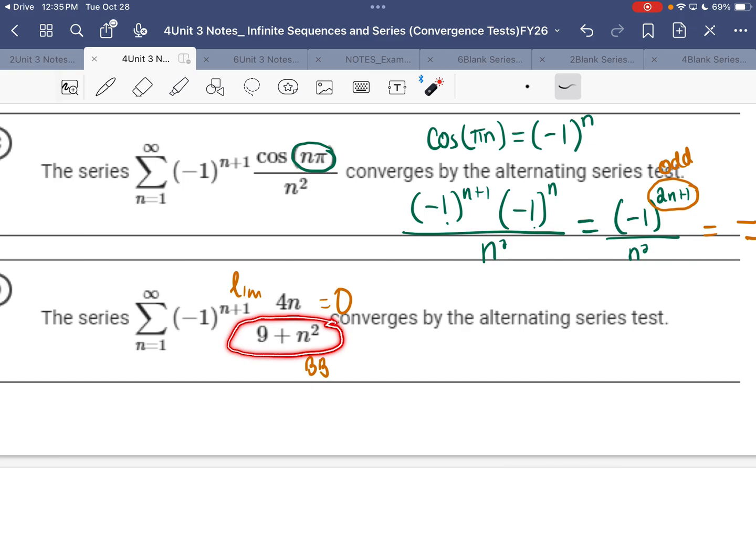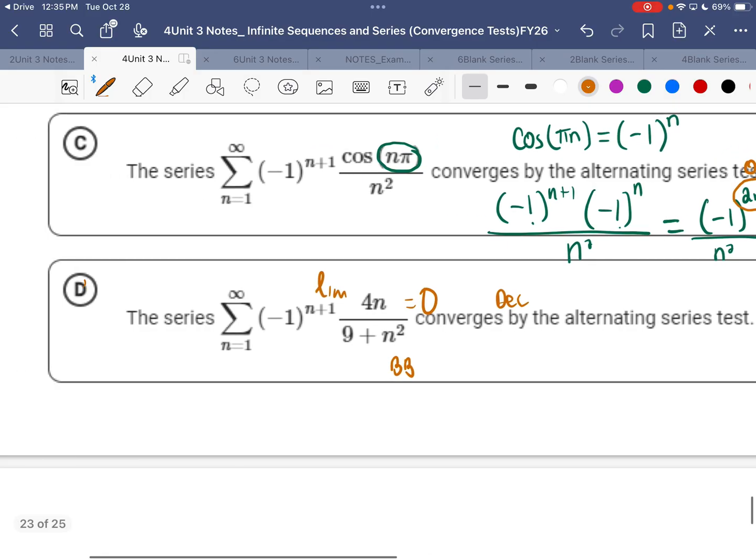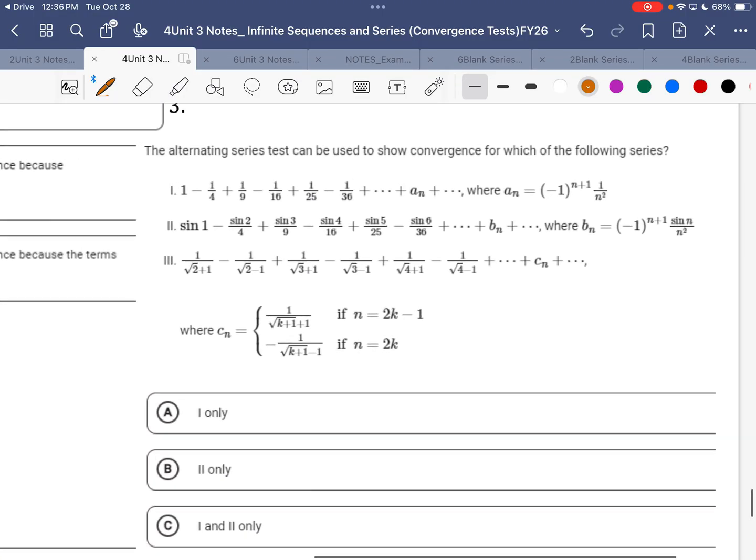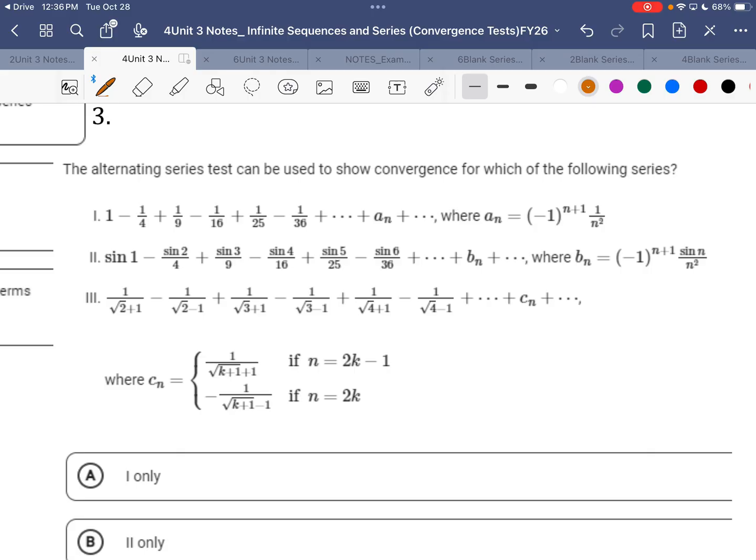As we're going towards infinity, the denominator is going to be getting much bigger than the numerator. So it is also decreasing. D as in not divergent.